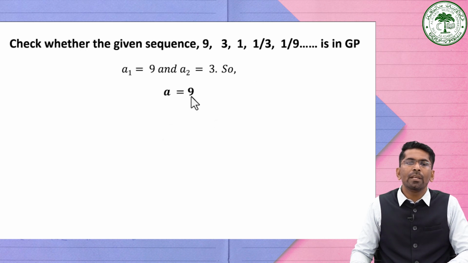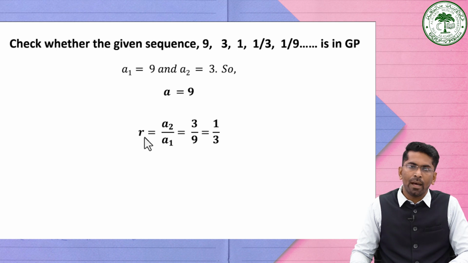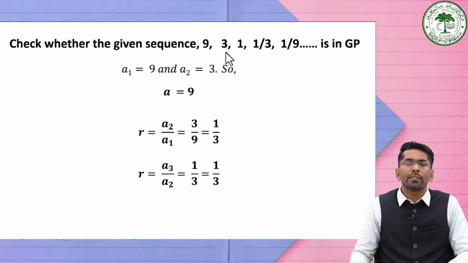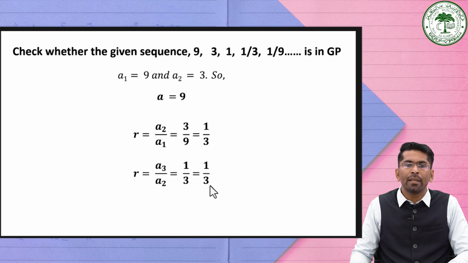Consider a equal to 9, and we are going to find the common ratio r, which is equal to a2 divided by a1. Here a2 is equal to 3, so 3 divided by 9 is 1/3. Consider another two successive terms: a3 divided by a2 is 1 divided by 3, which is again 1/3.